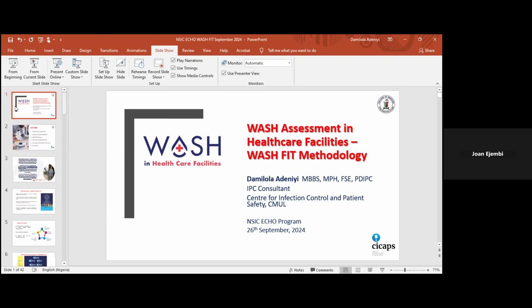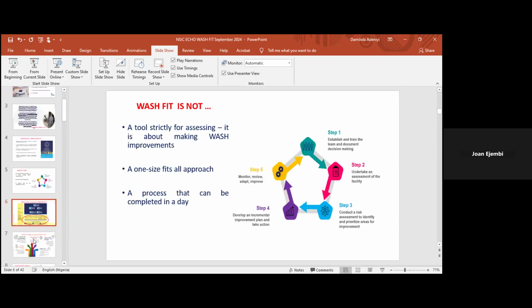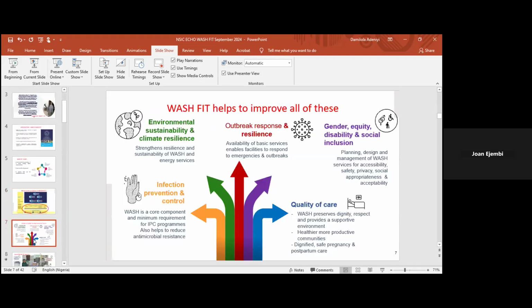IPC is just one of the scopes. The other scopes were outbreak response, quality of healthcare, and environmental sustainability, which are all very important areas. So using the WASH FIT is like using one stone to kill 6 or 7 more birds. You can see this is a very important assessment as the gains cut across various aspects.